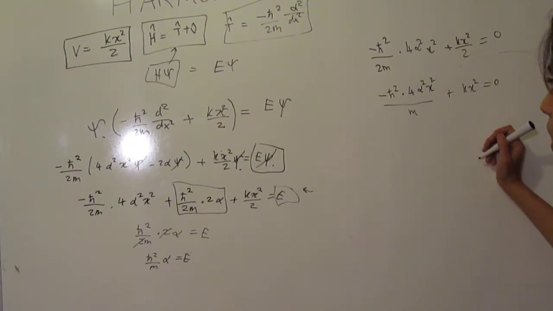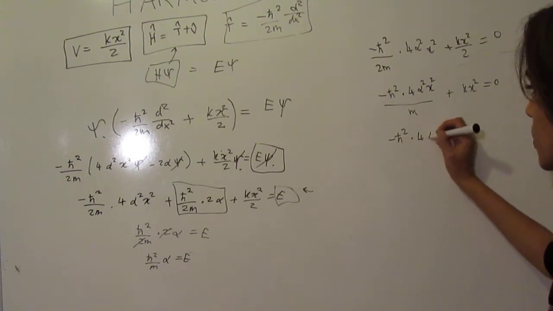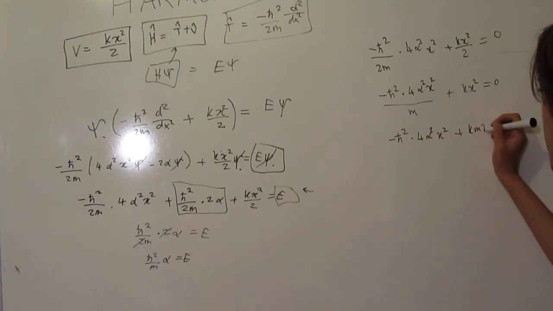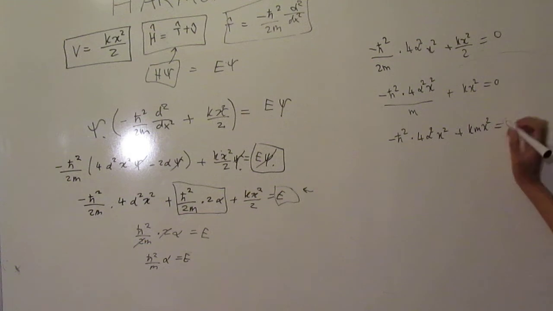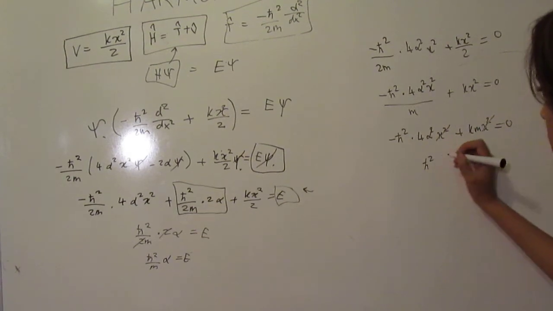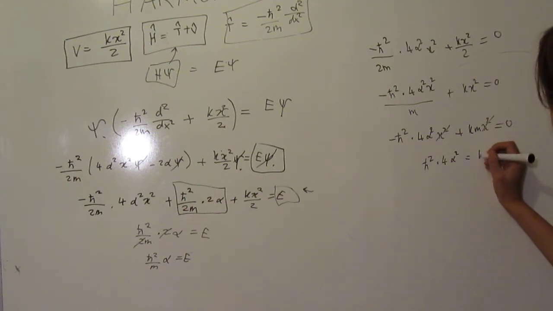We want to find out what alpha is equal to, so let's times everything by m: minus h bar squared times 4 alpha squared x squared plus k m x squared equals 0. The x squareds cancel, so we're left with h bar squared times 4 alpha squared equals k m.